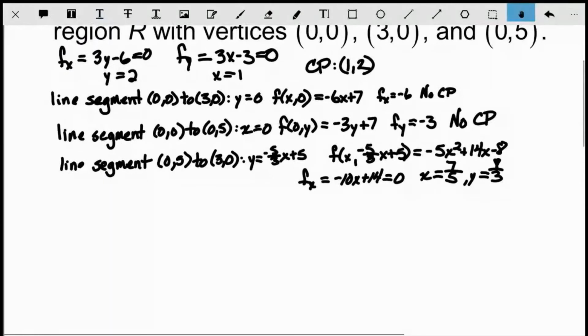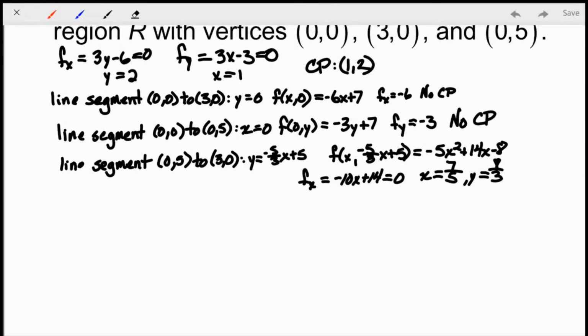Okay, so again, thinking back to 2D calculus, when we were doing a max or a min on a closed interval, we did critical points and endpoints. You can see we have 2 critical points here, and along our boundary, we ended up with a second critical point that we need to look at.